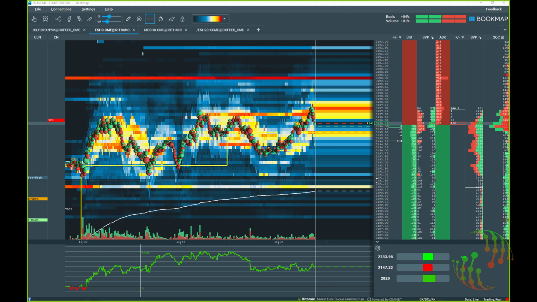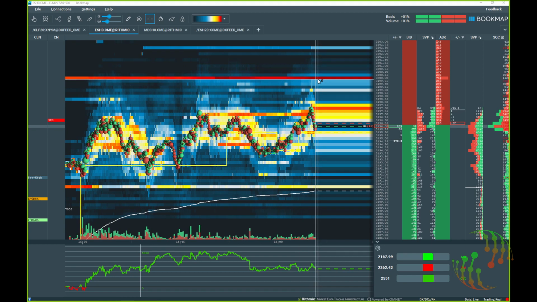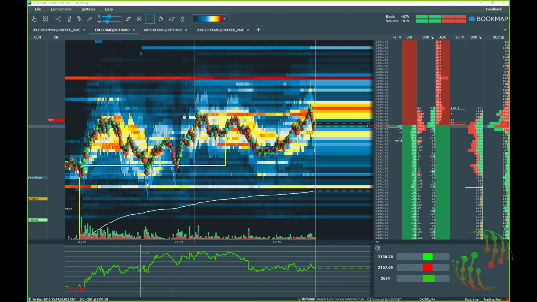When you understand what is happening here, then you can also consider a contrary position at the 3200 area if they are coming to this area here. So the first view was absolutely right. We have been long.